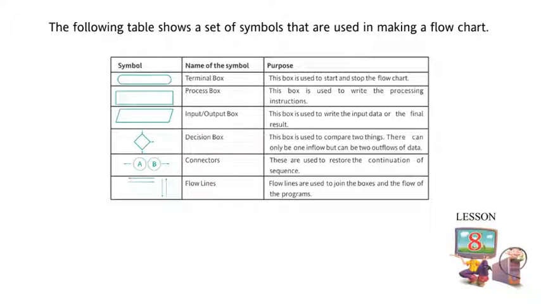Input or output box: this box is used to write the input data or the final result. Decision box: this box is used to compare 2 things. There can only be one inflow but there can be 2 outflows of data. Connectors: these are used to restore the continuation of sequence. Flow lines: flow lines are used to join the boxes and show the flow of the program.